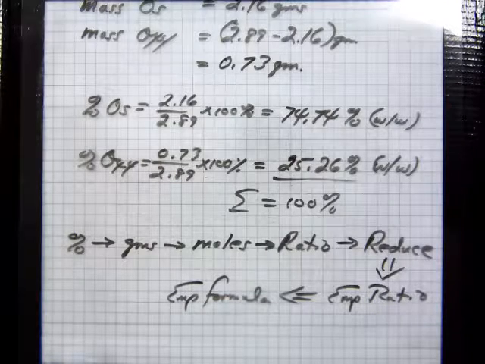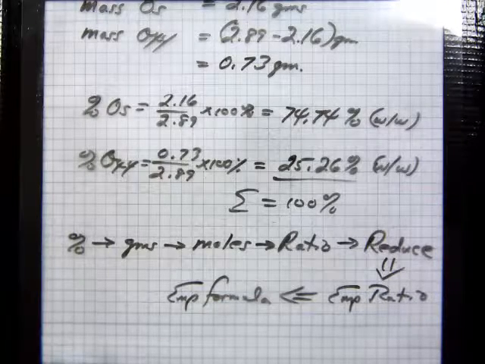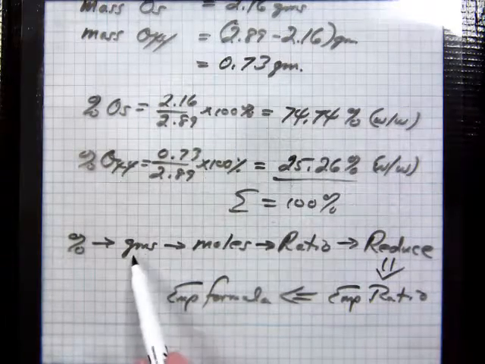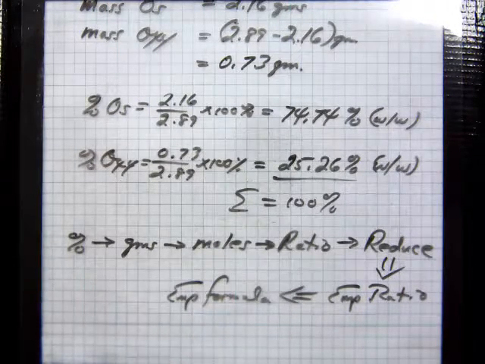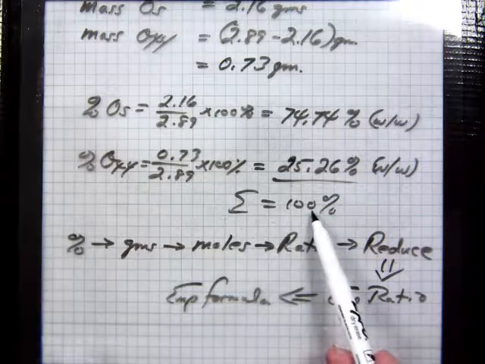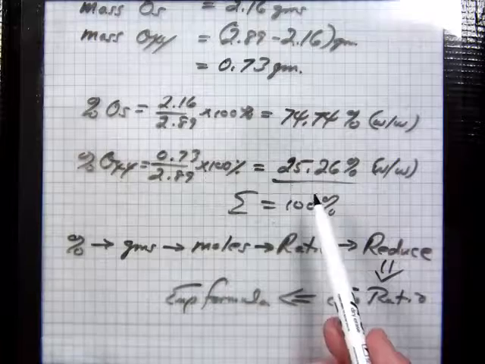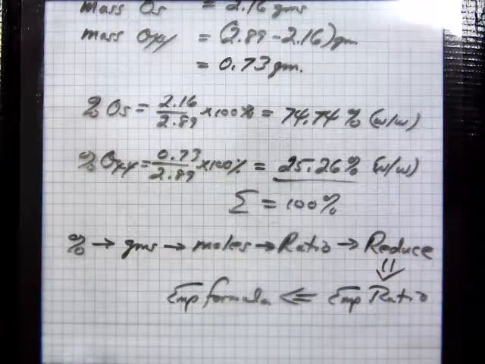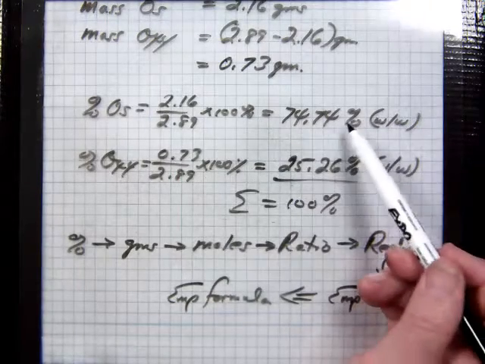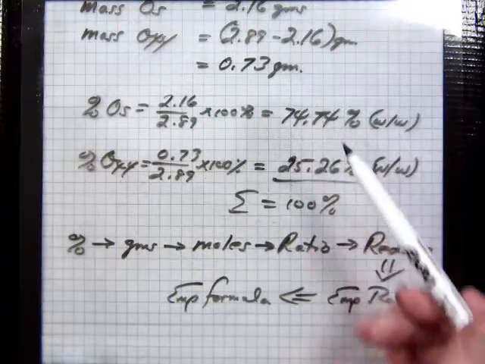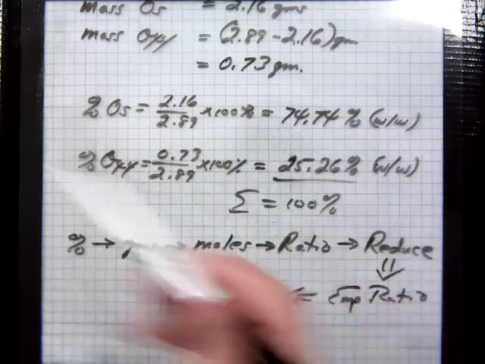Okay. Now what this means is you take this percentage like that, and you convert it to grams. Well, if I have 100 grams, now watch this. If I have 100 grams, I'm in percentage. I know these percentages, they're known. If I have 100 grams of the compound, how much osmium do I have? 74.74 grams. How much oxygen? 25.26 grams.